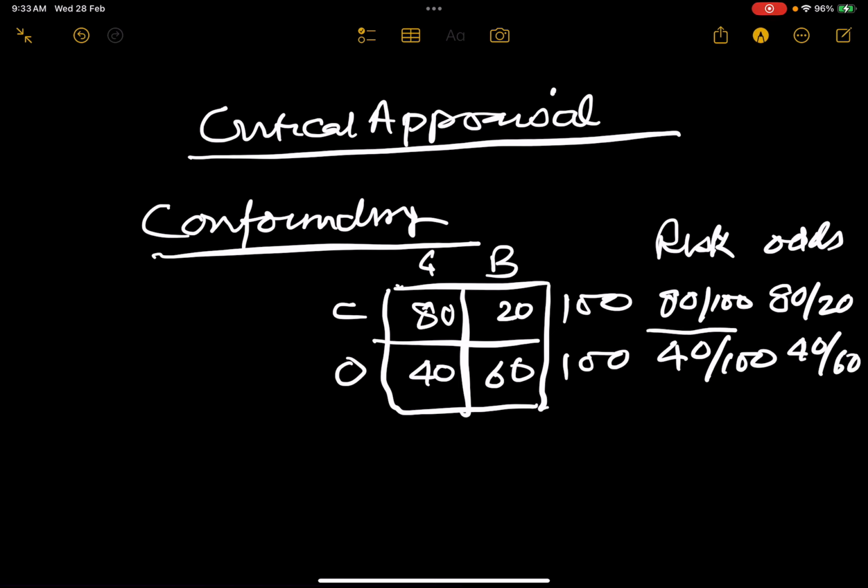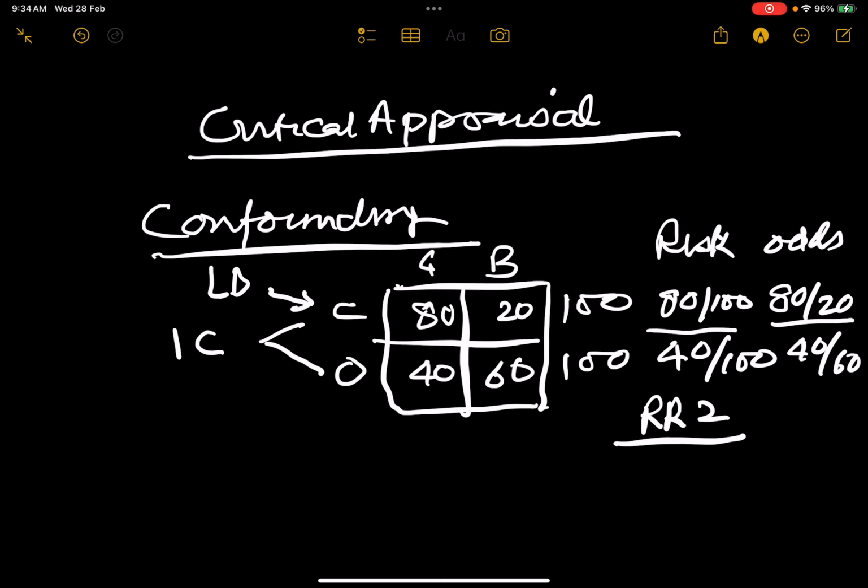If you divide this by this, you get the odds ratio and you see the risk ratio here is about 2. So you have 2 times better chances of having good results in intercondylar fractures with conservative treatment as compared to operative treatment. Now my resident says that, sir, less displaced fractures were more in the conservative group and more displaced fractures were more in the operative group.